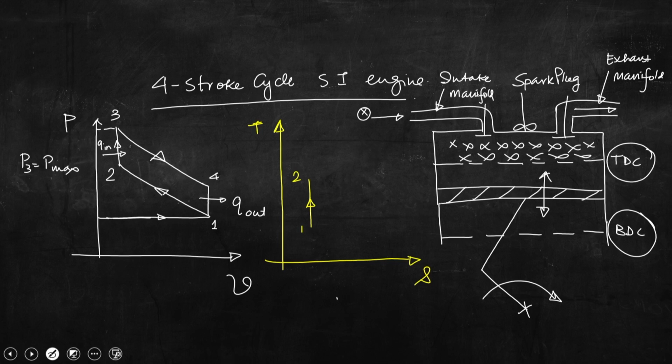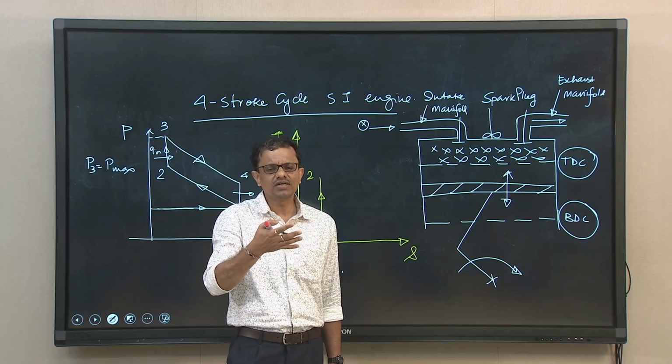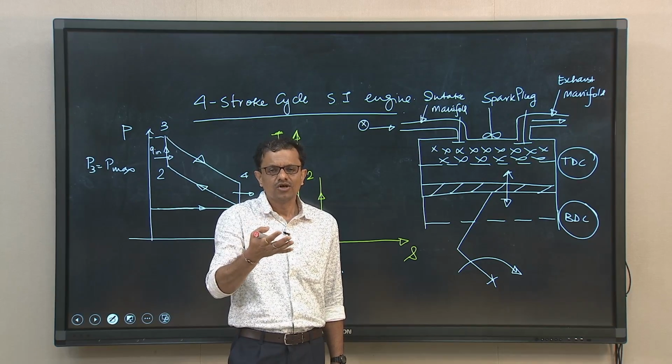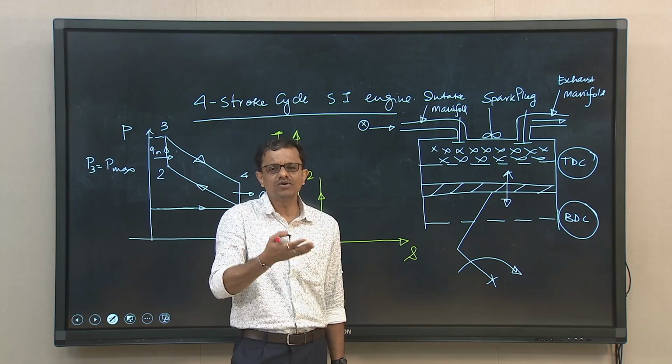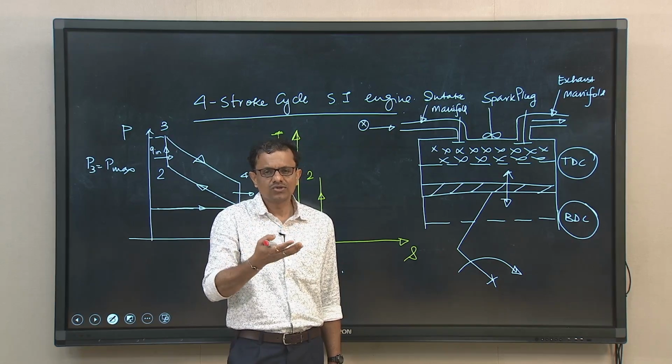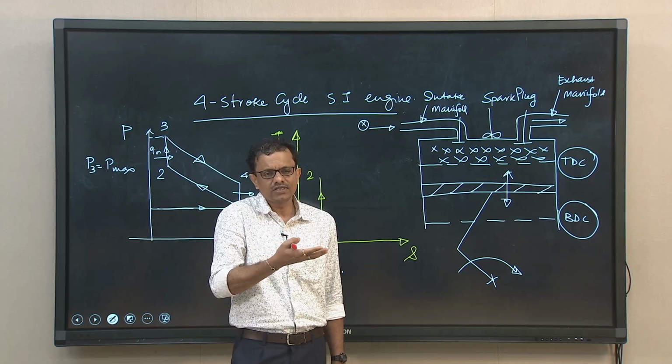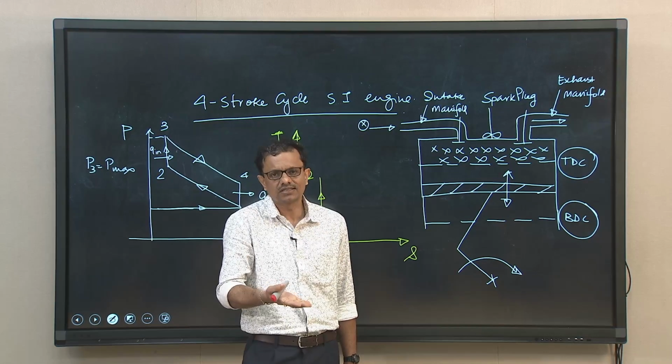and then 2 to 3, this is constant volume combustion. What is combustion? Combustion is nothing but an exothermic reaction. Because of this process we will have a substantial amount of heat generation. That heat is as if this process is adding heat to the system.